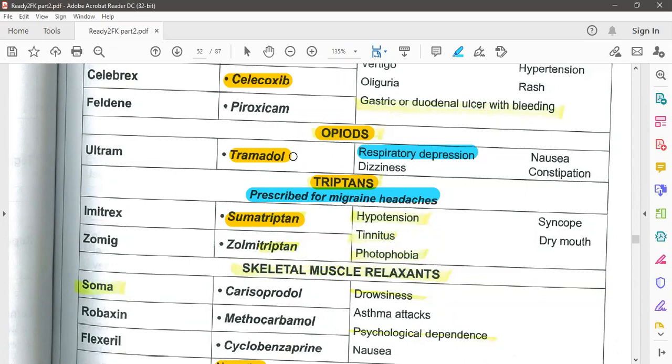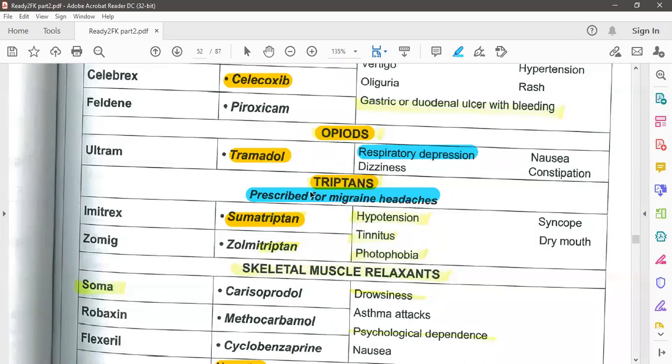Tramadol also has the same common side effects, A, B, C, D, and also has a chance of developing respiratory depression, dizziness, nausea, and constipation. I want to recap something, then go next. All opioids promote sedation, and they are agonists, and they are also used as analgesia.